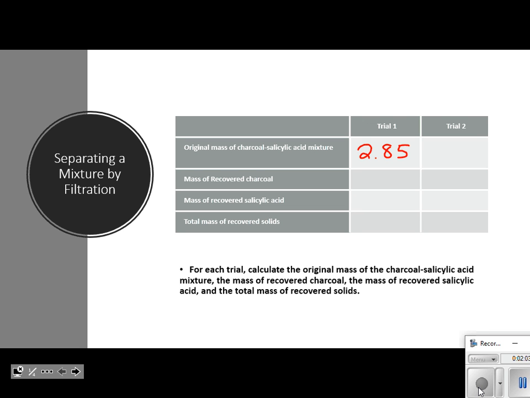Now, when I did this particular lab, I came up with 0.52 grams. Now, one thing we need to make sure of as we're going through and making measurements, these were made on a digital scale, right?